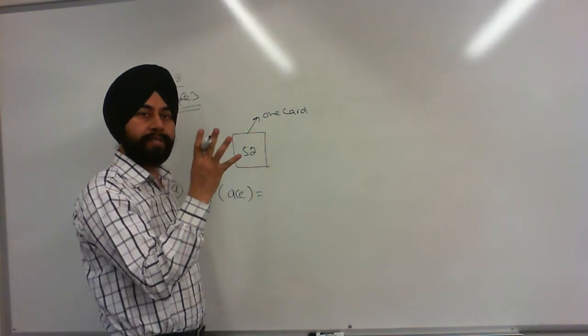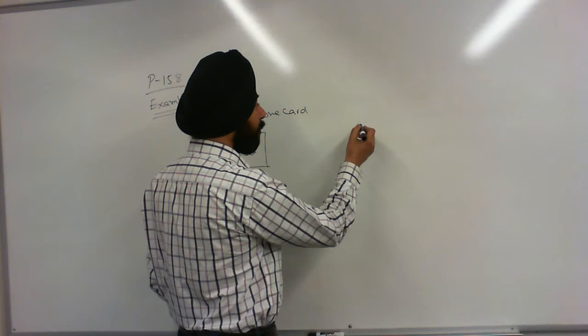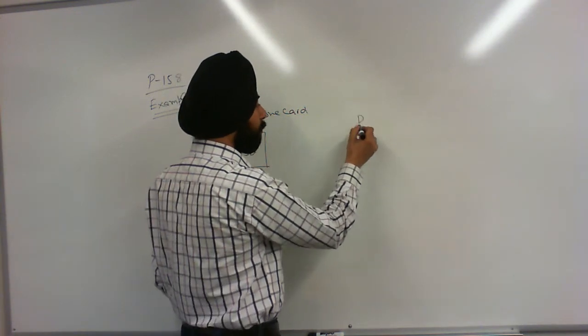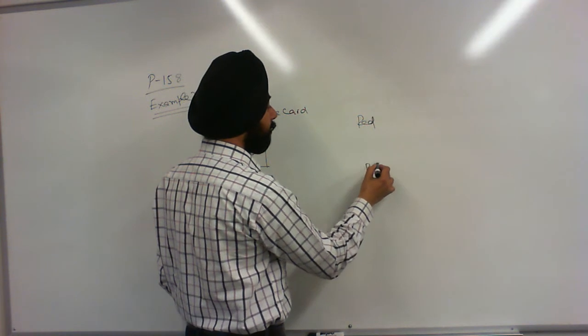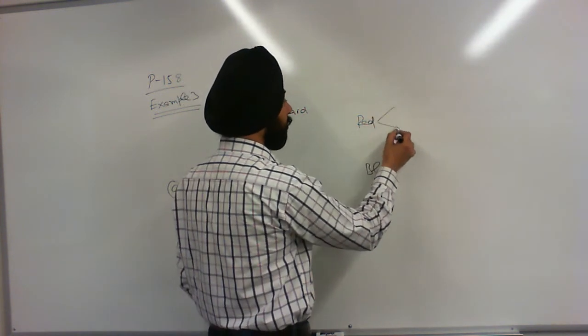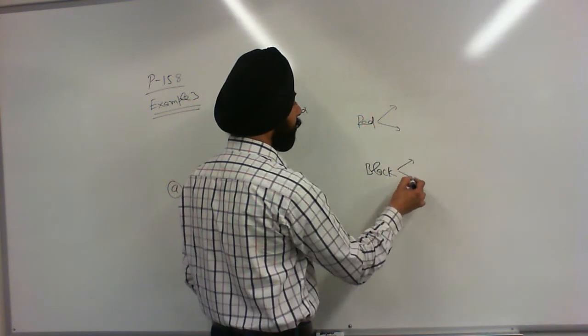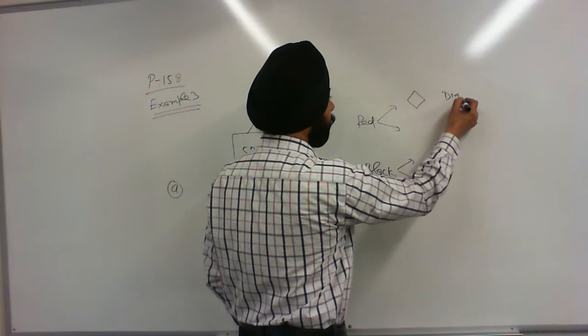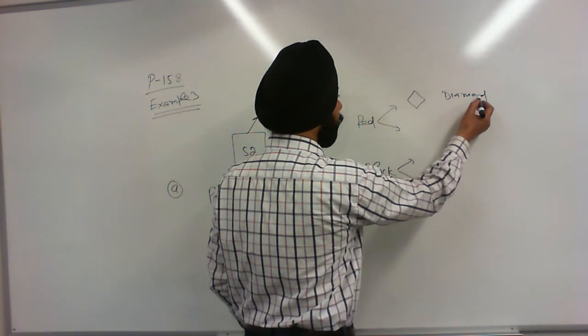You have 4 aces, right? Because there are 4 different suits and we talked about them yesterday. You have 2 red and 2 black. And I also drew the shapes yesterday. I'll do it again. The red ones are diamond and heart.